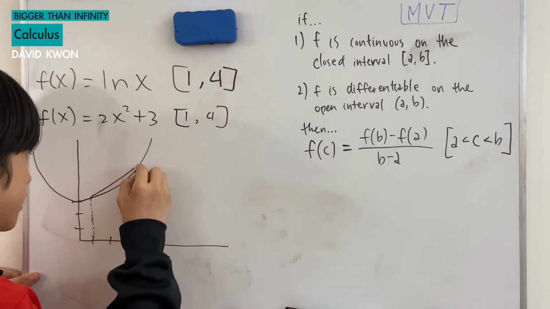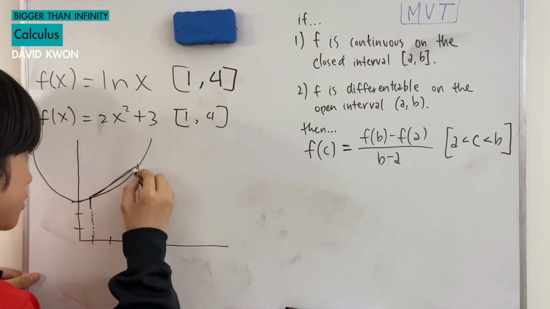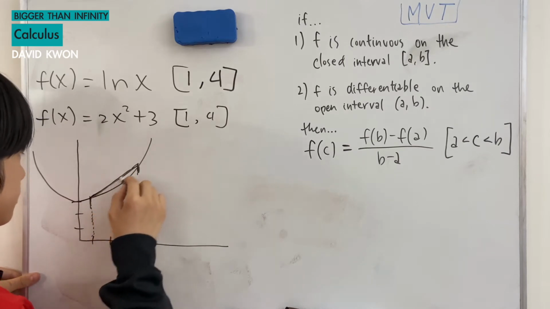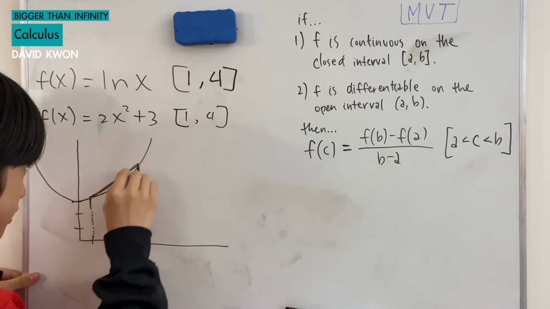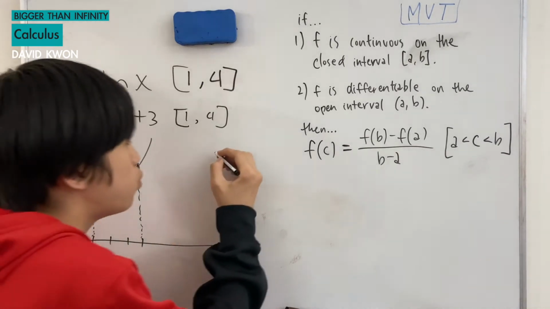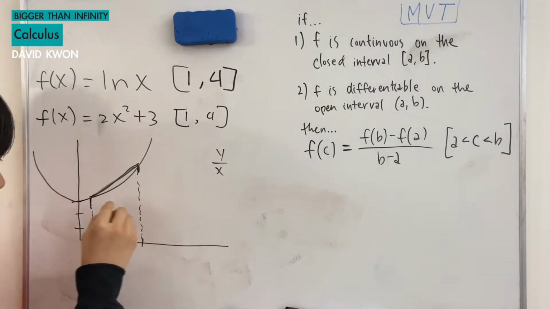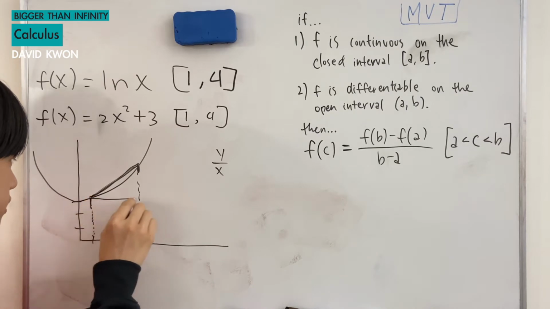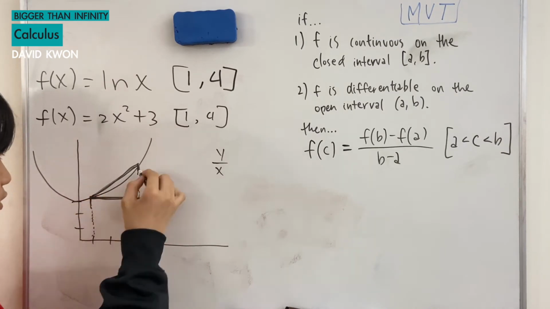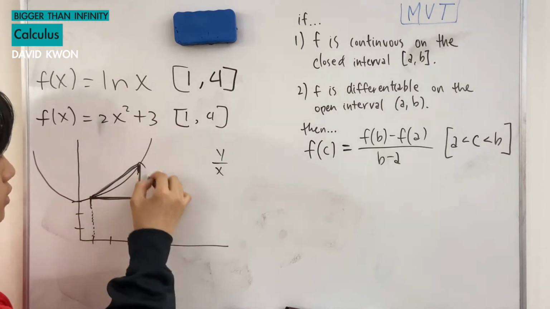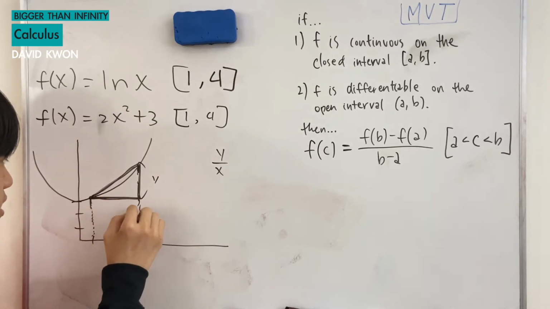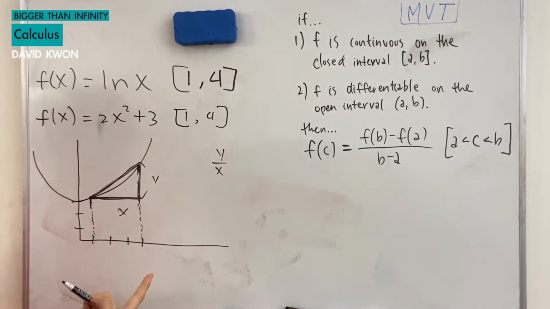This represents the slope. And to find the slope, it's always the y over x. Let's draw a triangle. This is going to be y and this is going to be x. What is the x first?